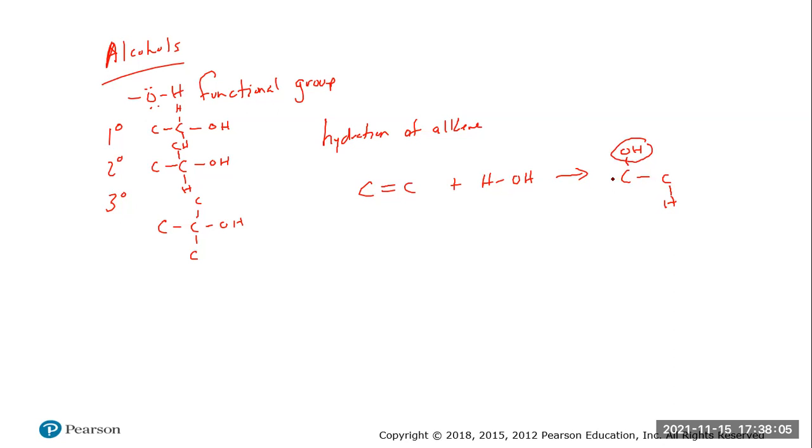Remember, with these unsymmetrical additions, if there is an option, the hydrogen would go to the carbon that started with the most hydrogens to begin with. By the way, to go backwards, it's a dehydration reaction, which basically means you take water out. So the H and the OH come out, and then you put back the double bond.